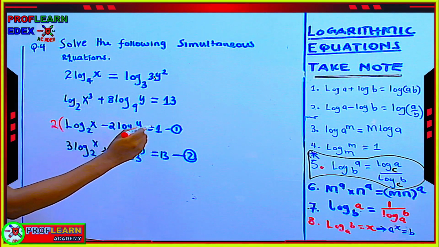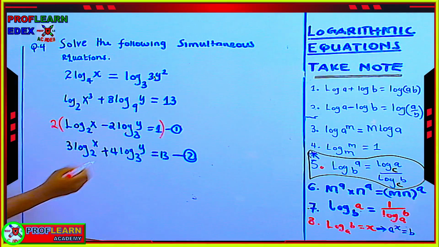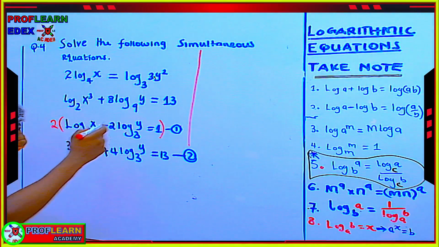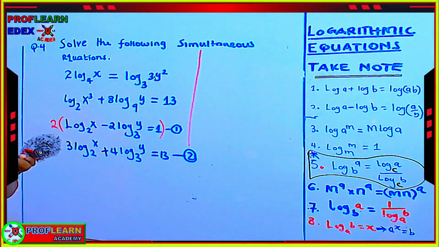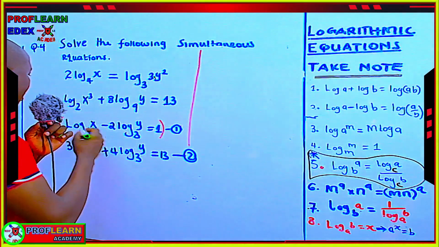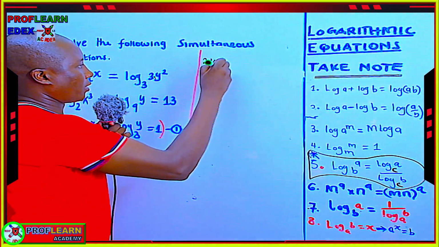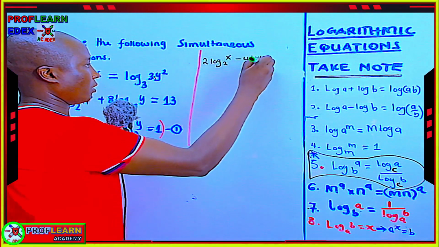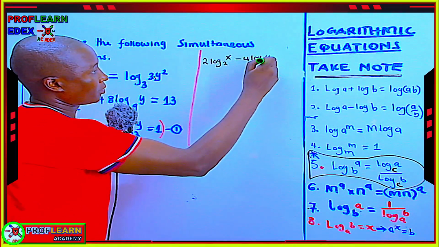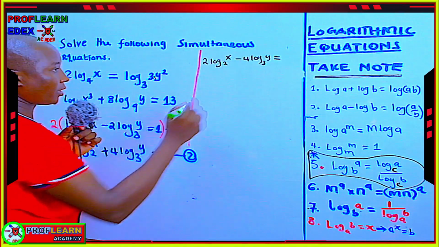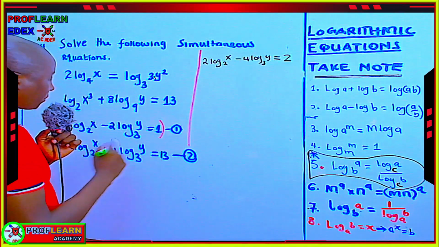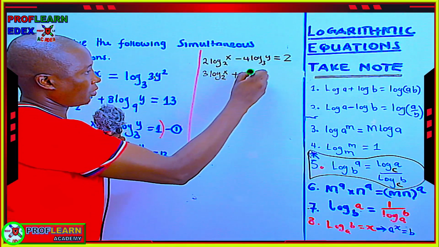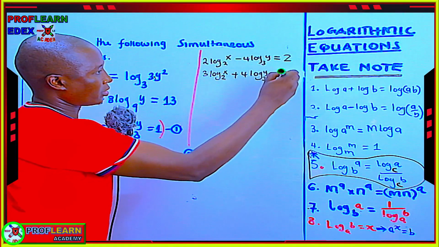If we multiply equation 1 by 2, we are going to have a nice equation, which is going to be 2 log x base 2 minus 4 log y base 3 is equal to 2, and at this point we write 3 log x base 2 plus 4 log y base 3 is equal to 13.